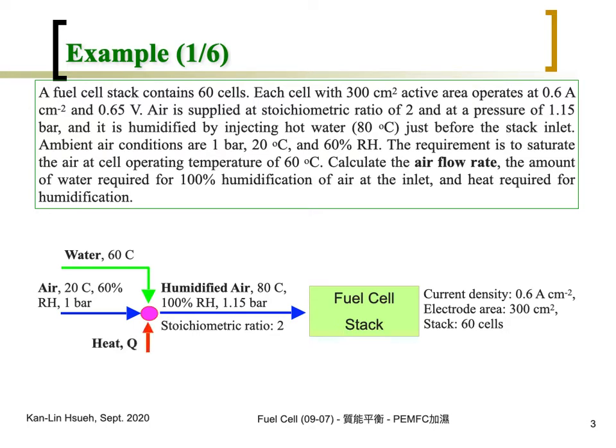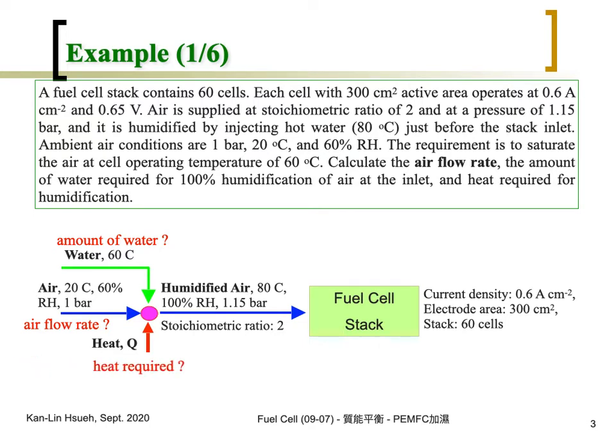So the questions are how much air we need, how much water we need, and how much heat we need. First is the air flow rate, second, how much water should be added, and third is the heat requirement.